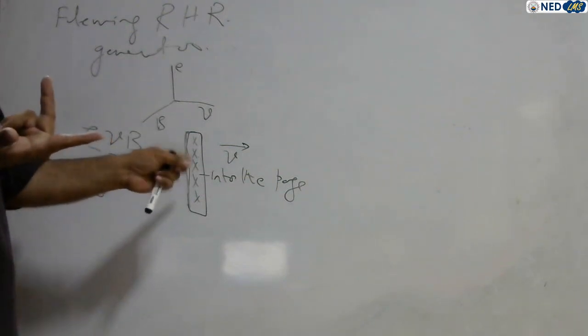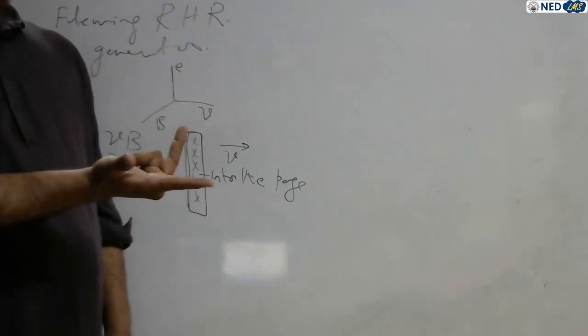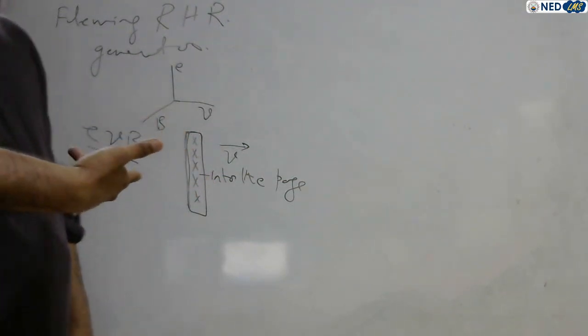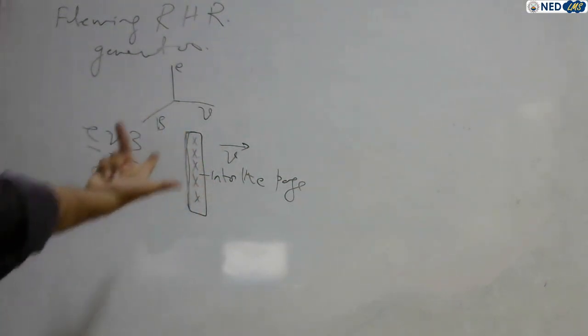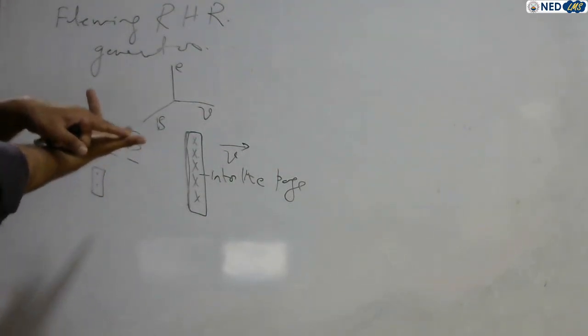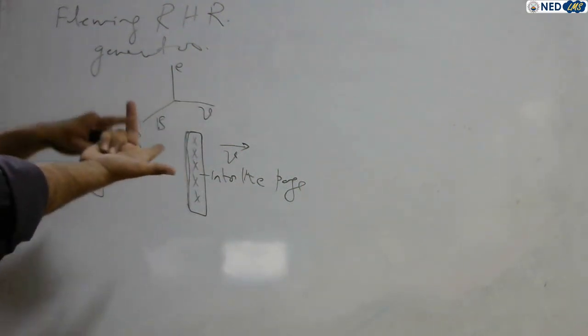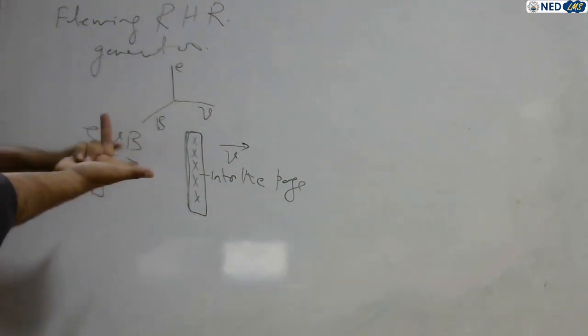For this particular case, the magnetic field is into the page. So you take your right hand like this. The thumb will show you the velocity of the conductor, that is from left to right. This is the magnetic field, index finger, it is into the page.